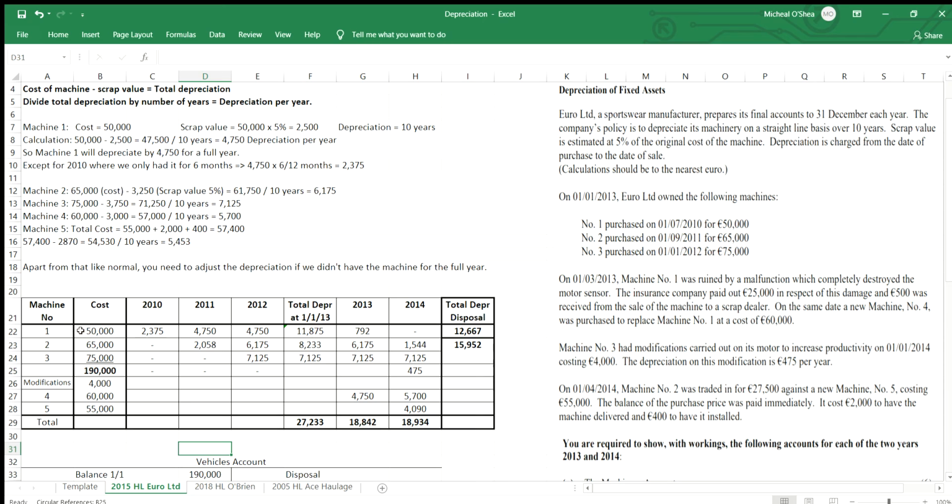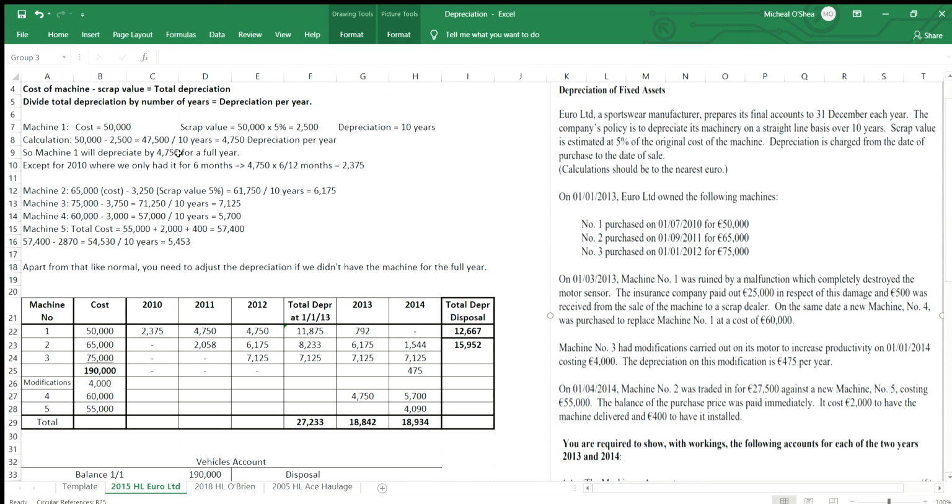But for this machine here, this 50 grand one, we have our depreciation here at 4750. That's depreciation for a full year. How many months did we have it for? We had it for all of January and all of February. So this 4750 is my depreciation for machine 1.